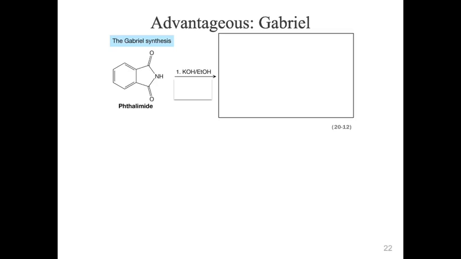There's our Gabriel synthesis. We've got our hydroxide with the imide, which looks very much like what we just went through, except this time that hydroxide isn't acting as a nucleophile. It's going to act as a base in this case to do what?